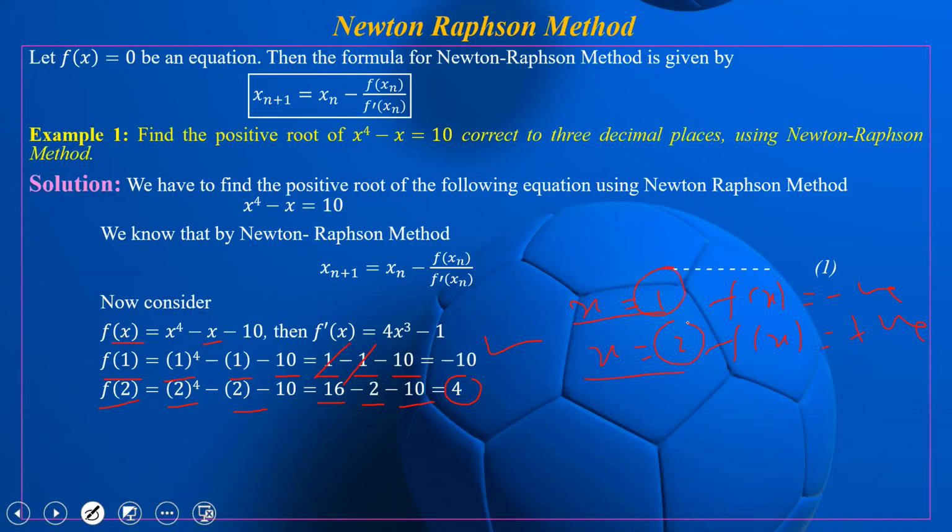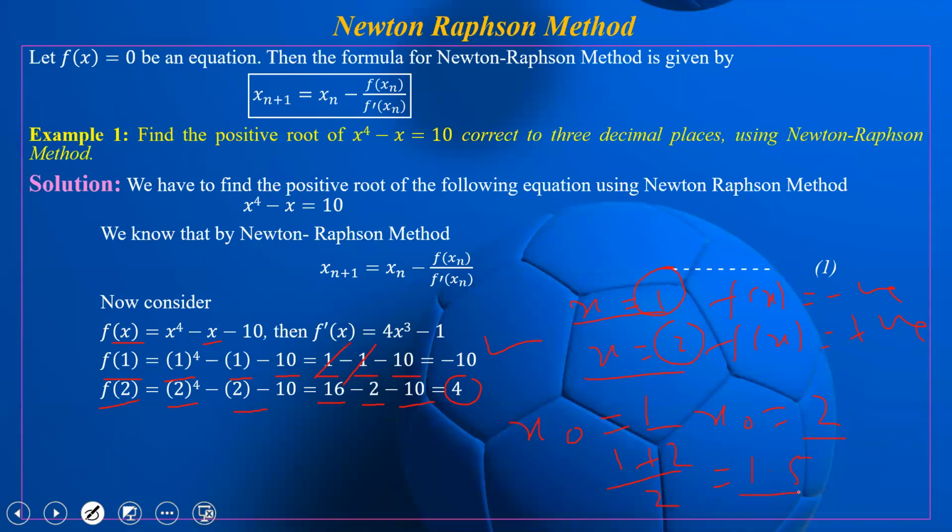Now we are free to choose the value of x. First we have to choose the initial value of x. x0 can be considered as 1, or x0 can be 2, or sometimes we can also take their middle value, 1 plus 2 divided by 2, which is 1.5.